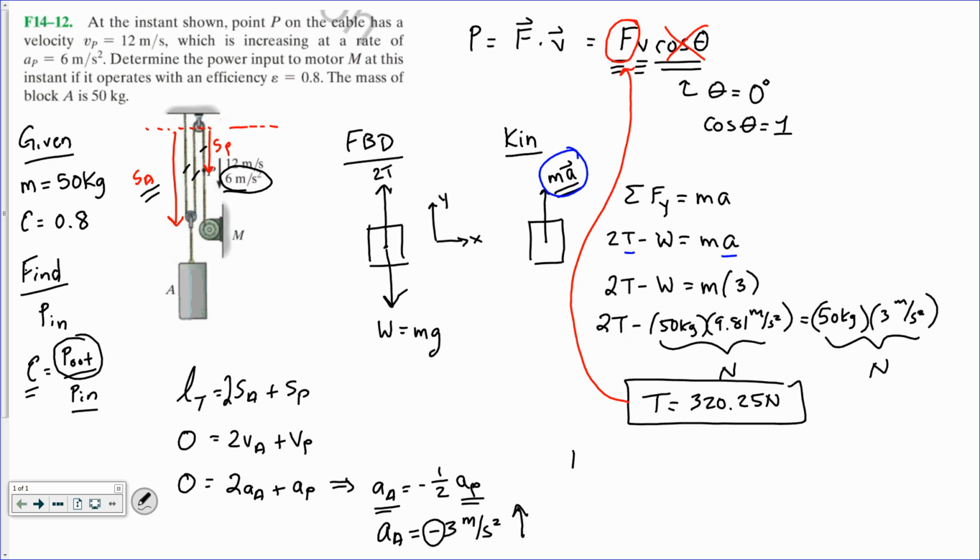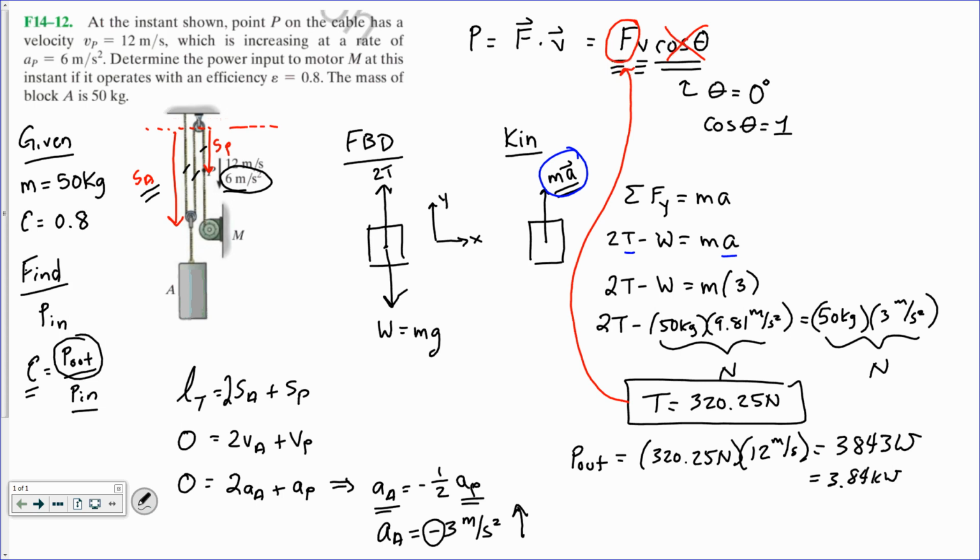The power out from my engine, or from this motor here, is the tension force, 320.25 newtons, times the speed of the rope as it's being pulled in. The speed is given to us, 12 meters per second. This is equal to 3,843 watts, or 3.84 kilowatts. You could write it either way that you want.